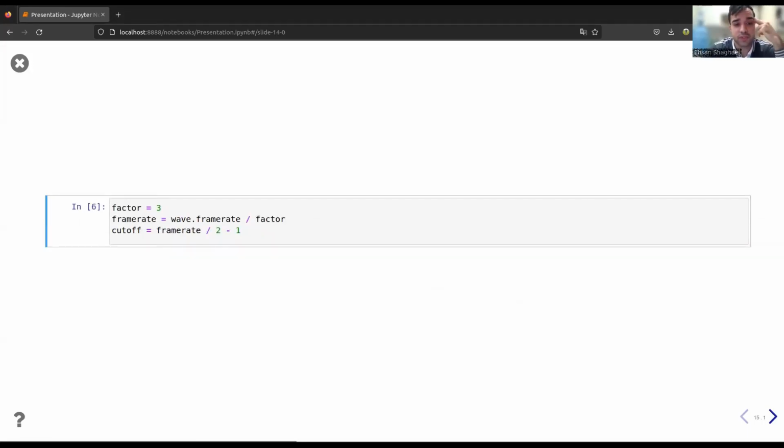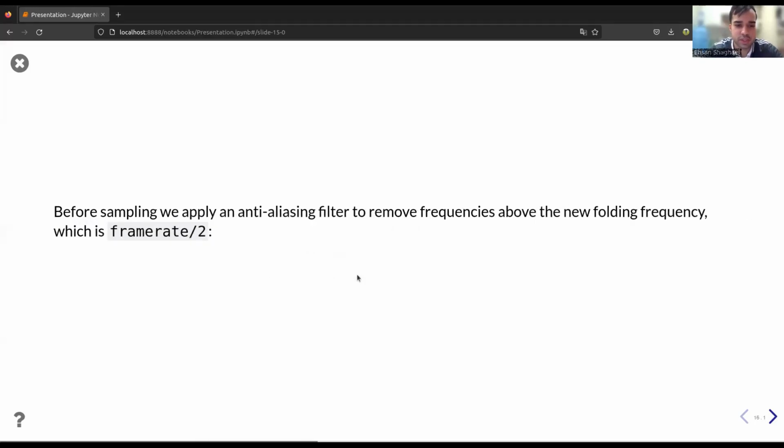So we just dropped the frame rate by a factor of 3. This way we would have a range of frequencies less than the spectrum that we had. It was between -20 and +20 kilohertz. By dividing 44 by 3, we will have a smaller interval of frequencies.